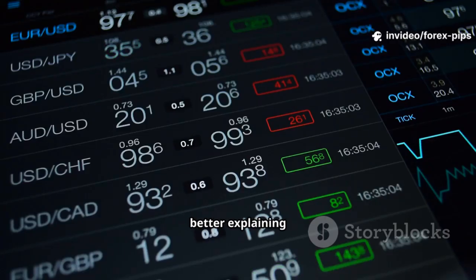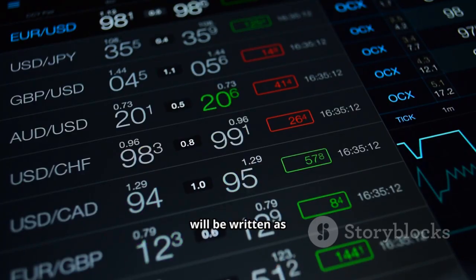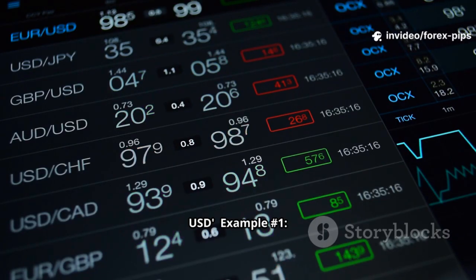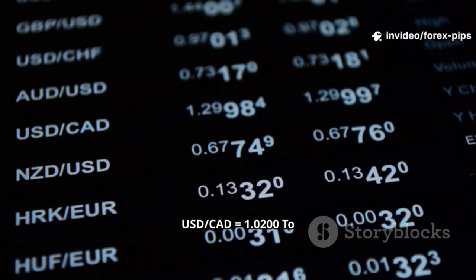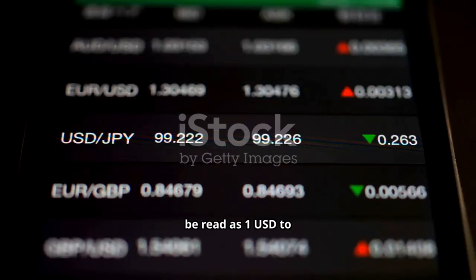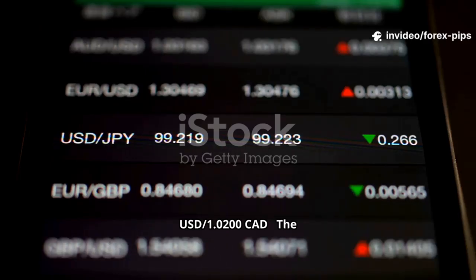For the purpose of better explaining the calculations, exchange rates will be expressed as a ratio, that is, EUR/USD at 1.2500 will be written as 1 EUR/1.2500 USD. Example #1. USD/CAD = 1.0200, to be read as 1 USD to 1.0200 CAD, or 1 USD/1.0200 CAD.